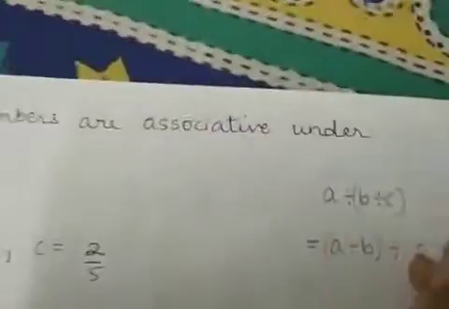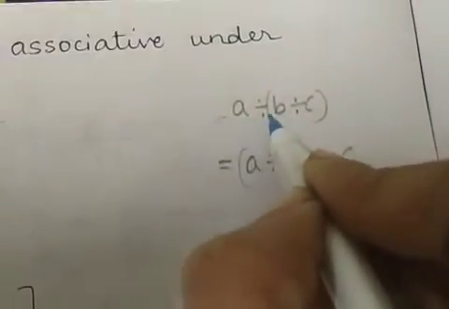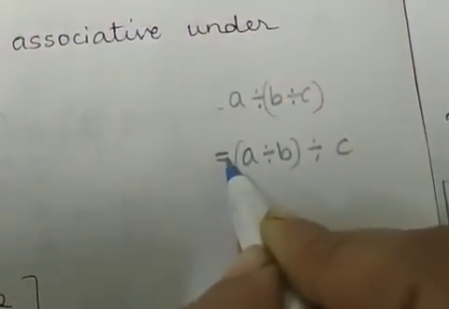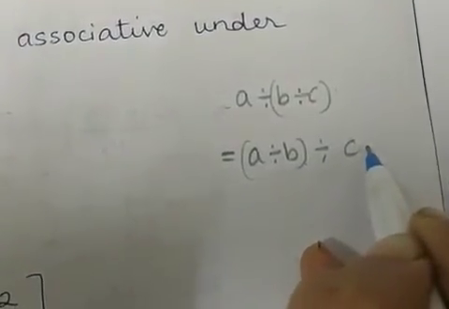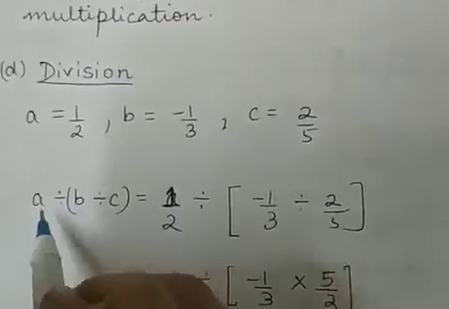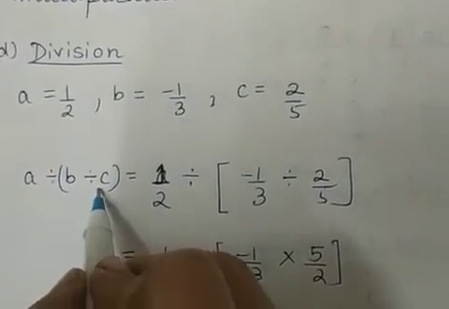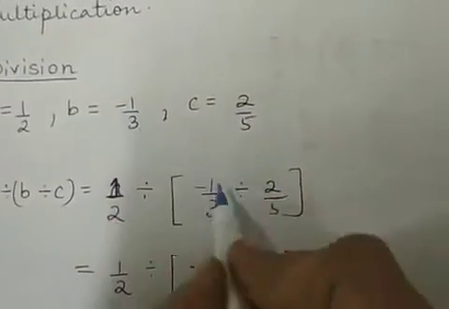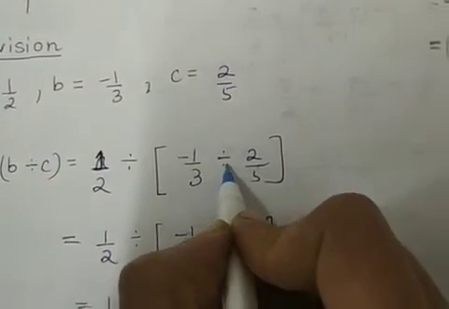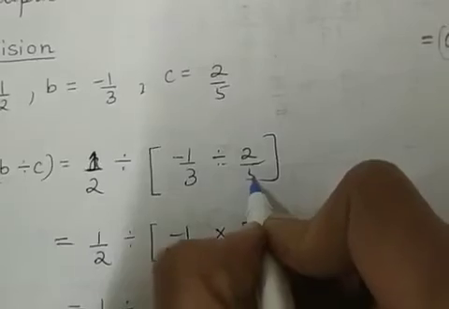Means what? I have to check whether a divided by b divided by c is equal to a divided by b divided by c. So let us take the first one, a divided by b divided by c. A is half divided by b is minus 1 upon 3 divided by 2 upon 5.